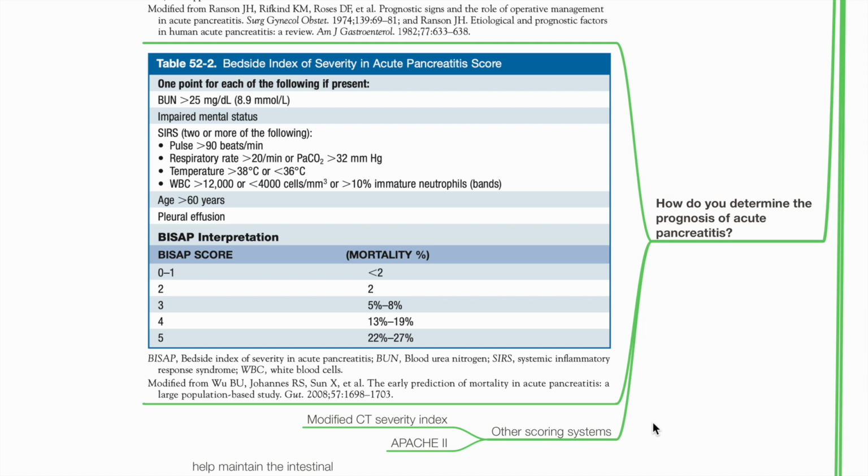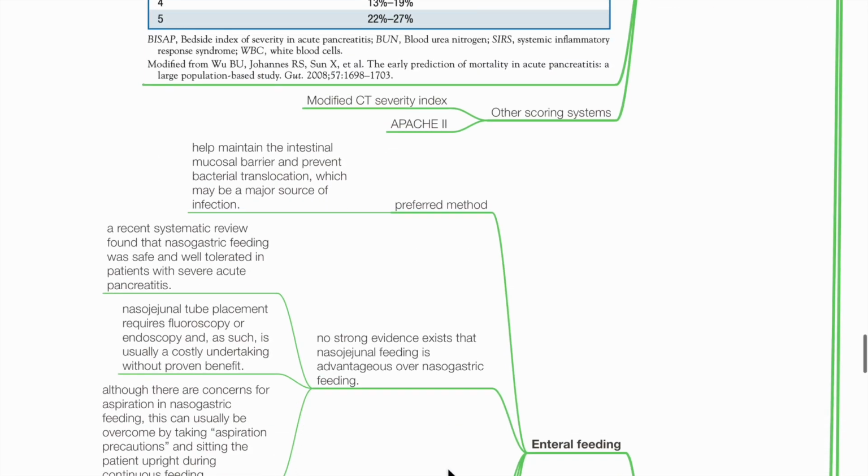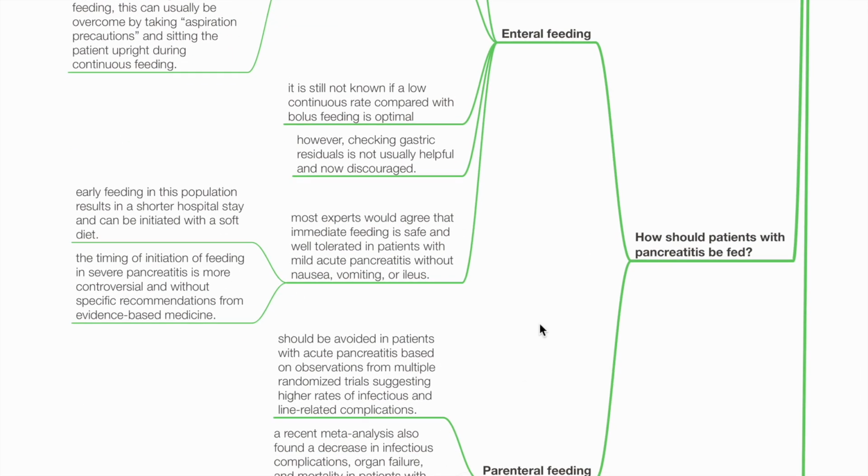Other options for prognosticating acute pancreatitis include bedside index of severity in acute pancreatitis score, modified CT severity index, and APACHE 2.